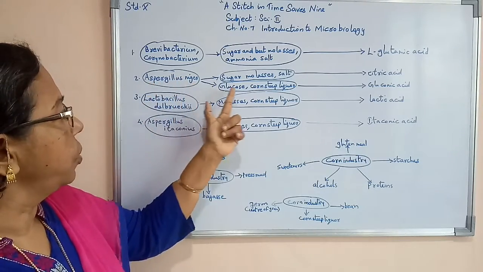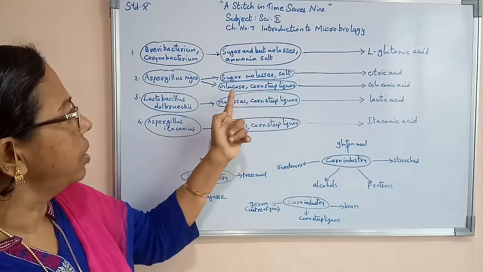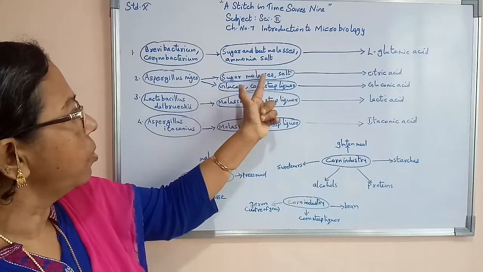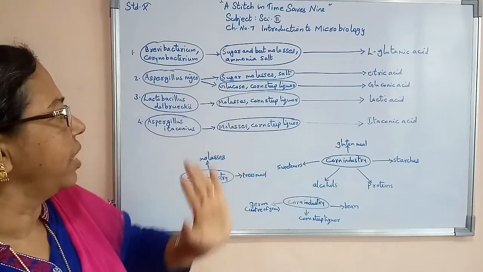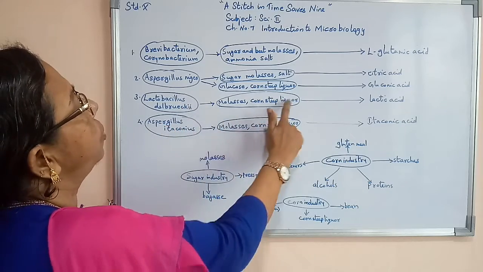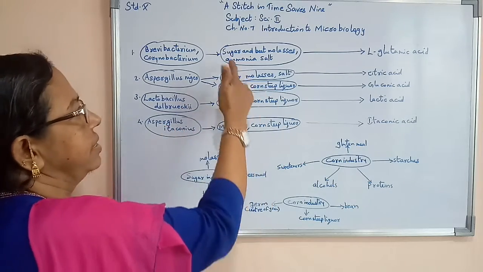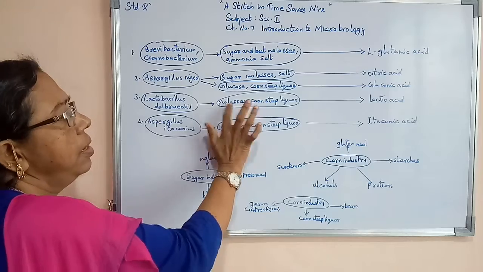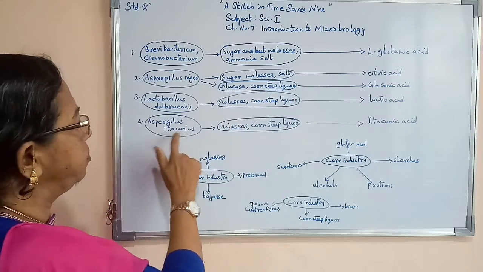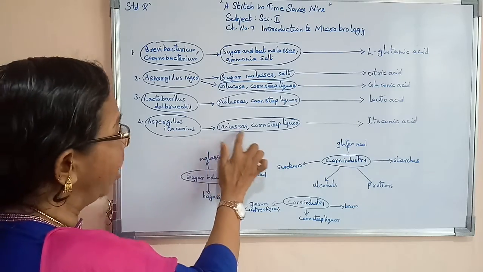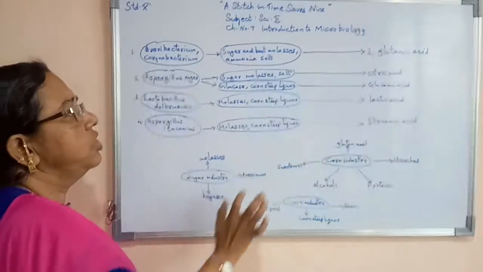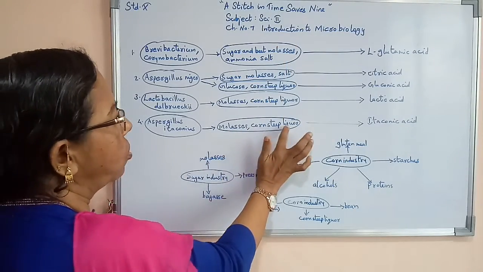Aspergillus niger can grow in either corn steep liquor or glucose. Or, as we studied here, in sugar molasses as well as salt; in that also it can grow. Lactobacillus delbrueckii can grow in molasses, any molasses, sugar molasses or beet molasses, and then corn steep liquor. Aspergillus itaconicus can grow in the molasses mentioned, sugar molasses or sugar beet molasses, and then corn steep liquor.